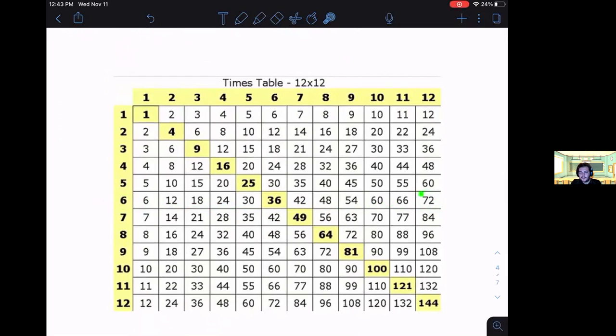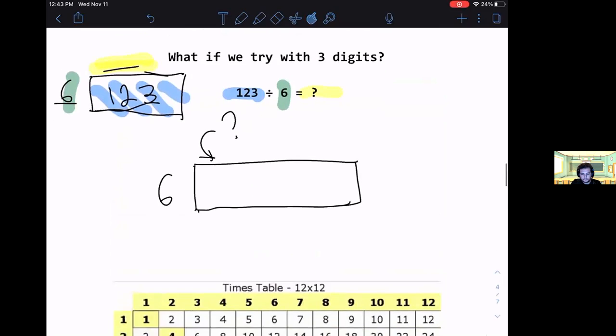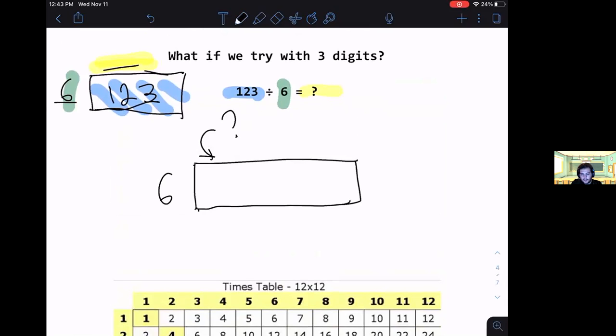We know the number 72 is our largest math fact, and we also know 6 times 12 is what gives us 72. So we would go ahead and put the number 12 on top. We know 12 times 6 is 72, and we would close off that box. So essentially, we created a multiplication area model that looks like this.